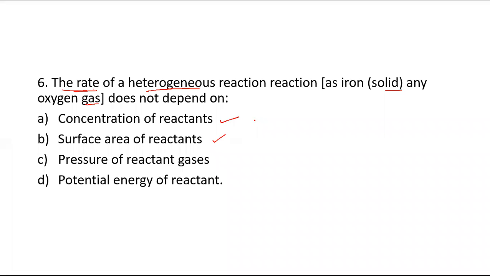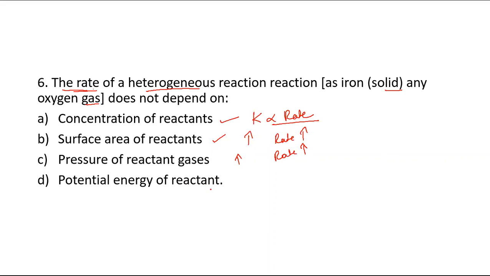Concentration of the reactant means the rate constant k, as k increases, rate also increases. Surface area, yes, as the surface area increases, rate also increases. Pressure of the reactant gases, yes, so with more and more pressure in the reactant gases, more and more product will be obtained very soon. So as it increases, the rate of the reaction also increases.